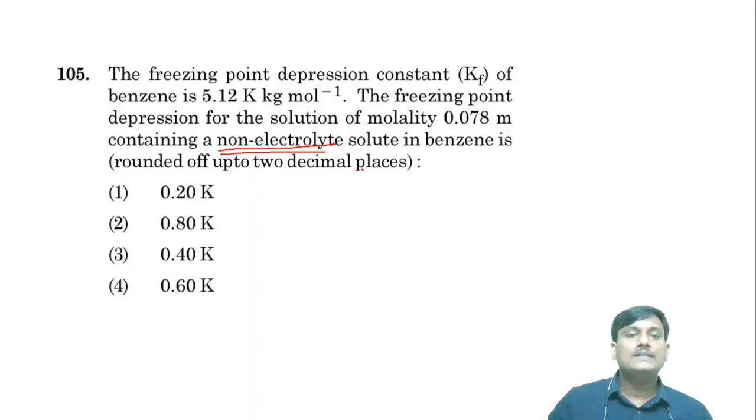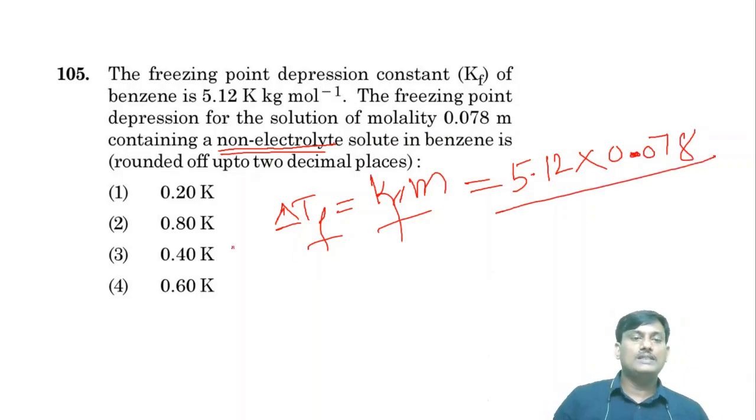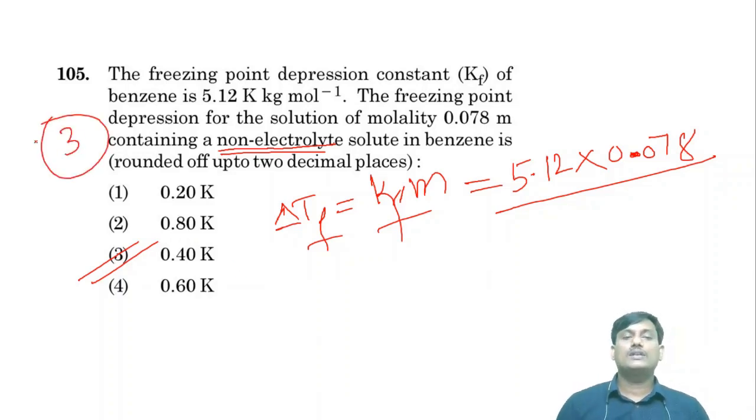So the freezing point depression: delta Tf is equal to Kf into m. This is a very famous equation. The Kf value for benzene is 5.12, and the molality is 0.078. When you multiply these two, you will get 0.40 Kelvin. The third one is the option.